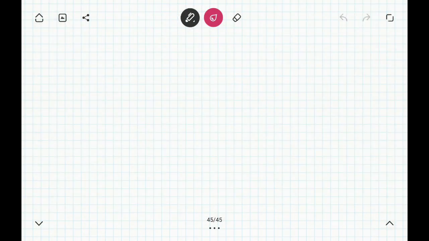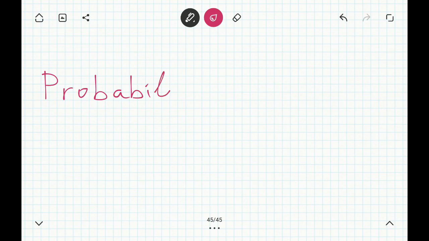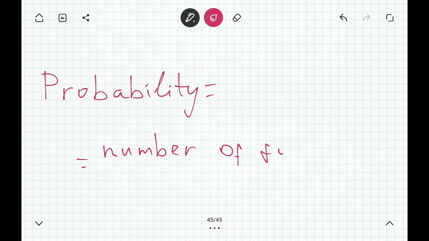So for now let's remember the definition of probability we used at the start of our course, and we used it for discrete random events. So to find the probability, we take the number of favorable outcomes, and favorable here just means those outcomes for which we want to calculate probability.